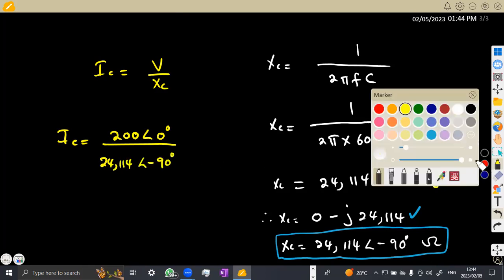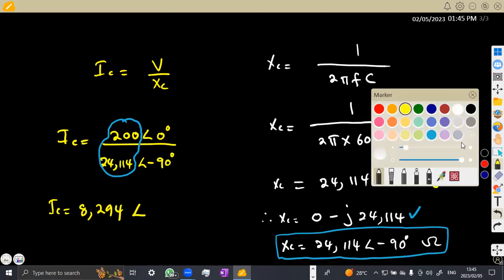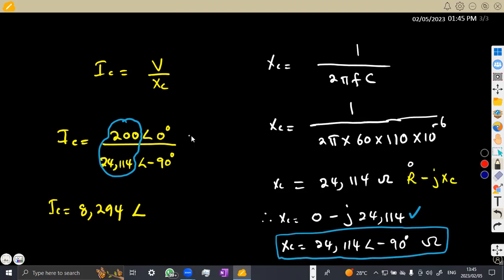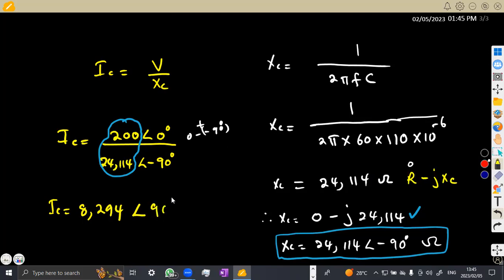So as we saw last time, you divide the numbers separately. That's 200 divided by 24.114, which is 8.294. Then for the angles, you subtract. So here it was supposed to be 0 minus 90 degrees, of which minus, that's a plus. So we are going to end up with a plus 90 degrees here.